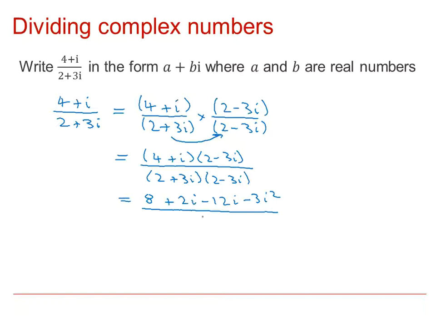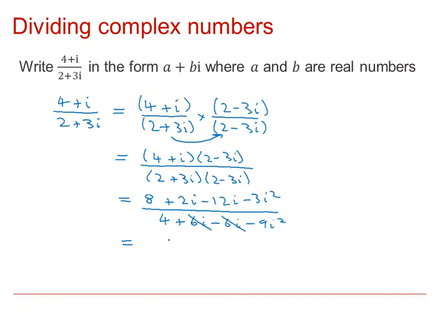In the denominator, we've got 2 2s are 4, plus 6i, minus 6i, and minus 9i squared. Notice the plus 6i and the minus 6i will cancel out. If they don't cancel out, something has gone wrong with the method. Make sure that those terms cancel out.